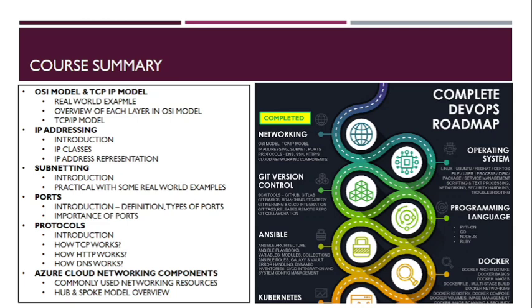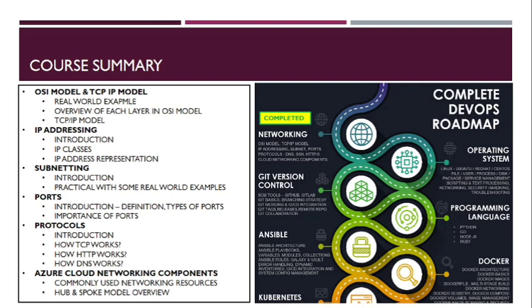And last topic we have covered Azure cloud networking components, and there we have learned commonly used networking resources, and we have gone through hub and spoke model. So this is the entire course summary which we have covered in this complete networking course from scratch.